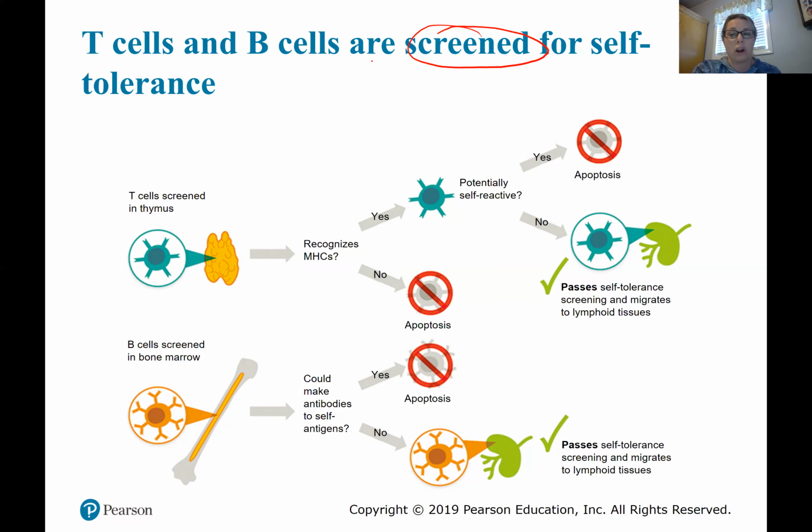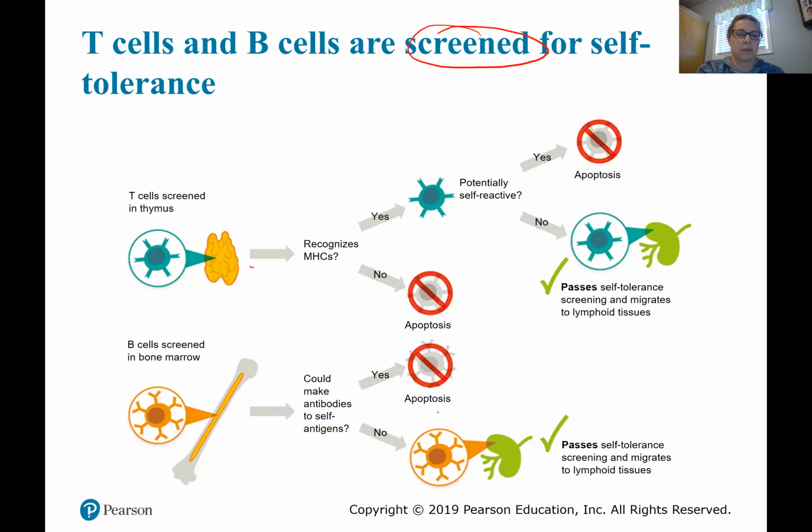Okay, so there are autoimmune diseases where this happens, but for the most part, there's a fail-safe where T and B cells, before they're released out into the body, are screened and undergo testing, if you will, either in the bone marrow or in the thymus, to check to see if they're going to attack self. And if they're going to attack self, they get destroyed.